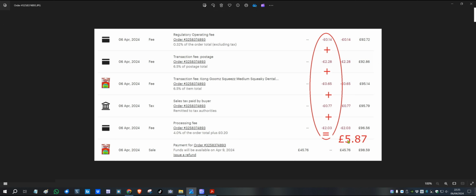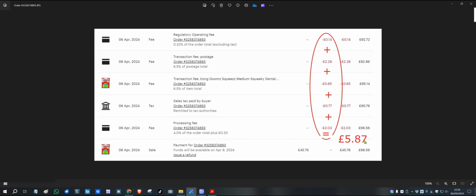That is the fees you have paid because you sold it to the US. So for the £9.99 we sold it for, we paid £4.39, yeah. £4.39 is what we have paid.